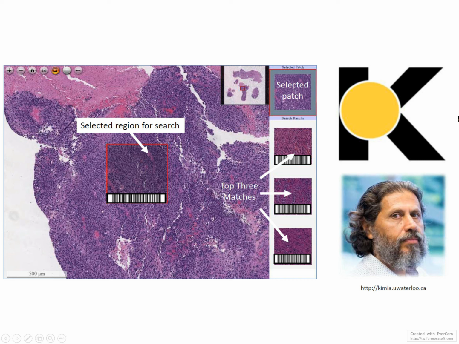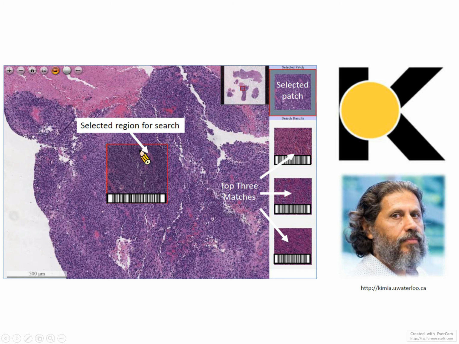And so there is lots of development in digital pathology. For example, you can develop software to do the whole slide scanning and to visualize these whole slides on your computer.